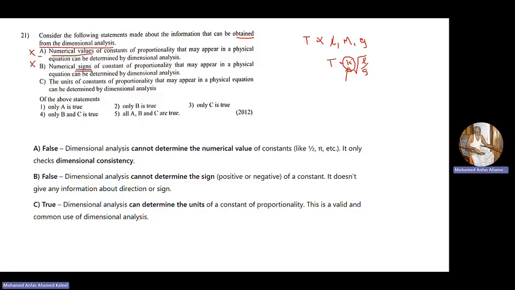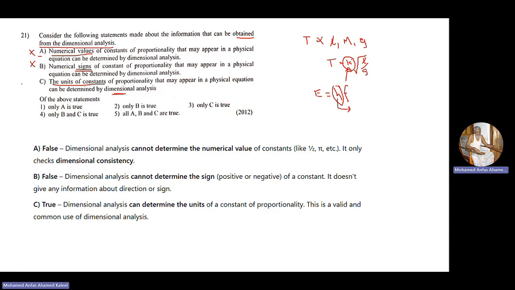The third statement, statement C, says the units of constants of proportionality that may appear in a physical equation can be determined by dimensional analysis. Yes. In an equation, let's say E is equal to hf, h is Planck's constant. This Planck's constant we can determine using dimensional analysis.